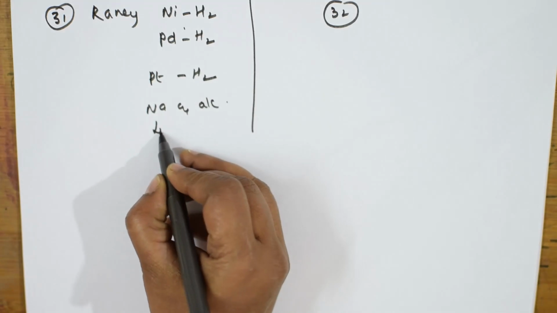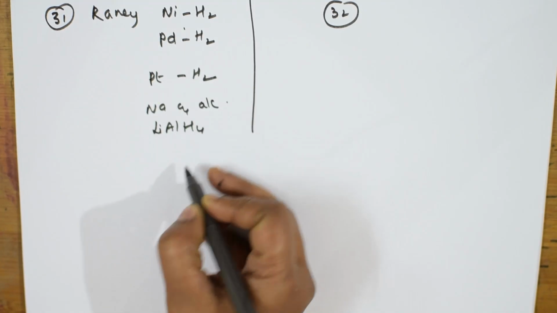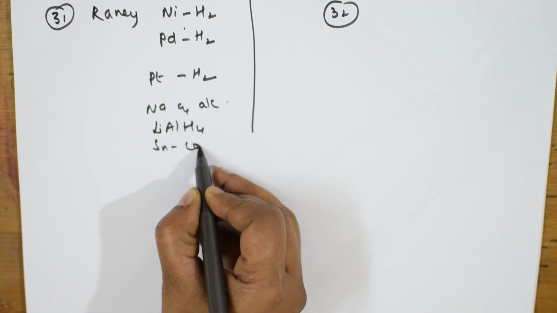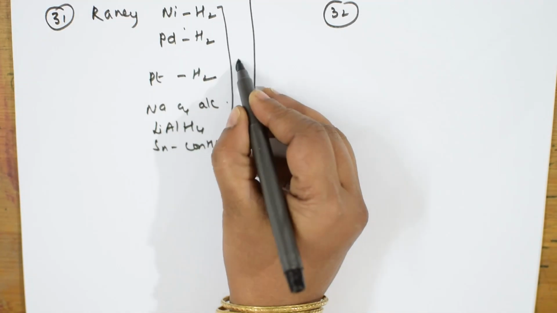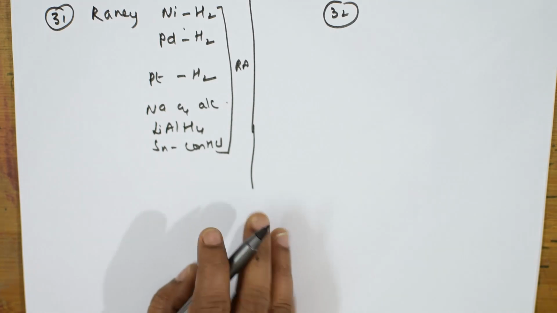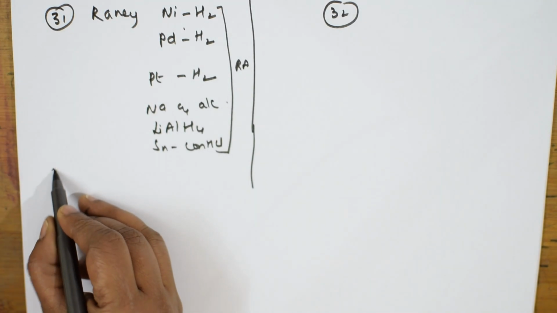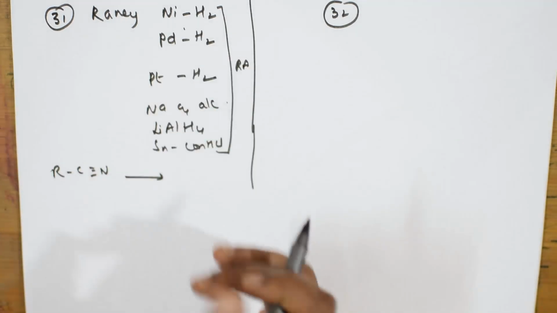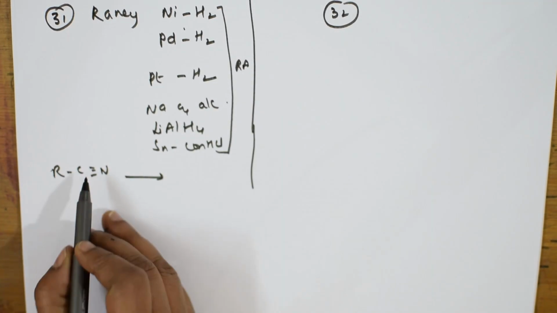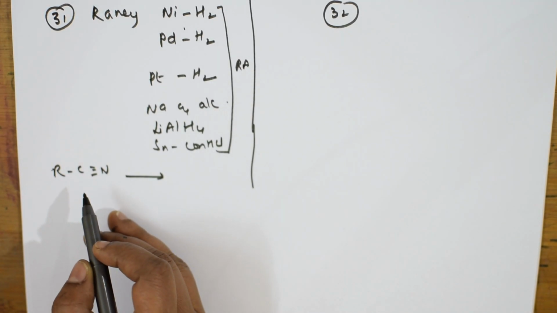One more is lithium aluminum hydride, tin in the presence of concentrated HCl. What are these? All these are reducing agents. What are they going to do? Let's see. Suppose I have a cyanide or alkyl nitrile, if any of these reagents are there, just see here, it will help. I said these are reducing agents.